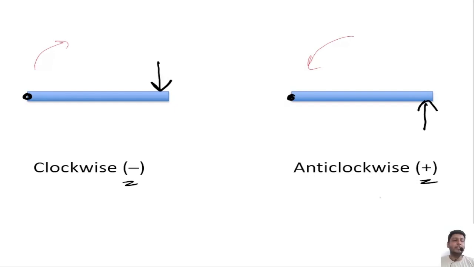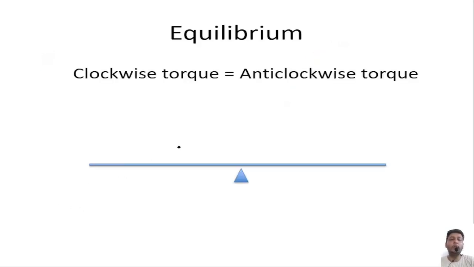Now imagine that there are two persons. This is person one and this is person two. They both are sitting on a seesaw.